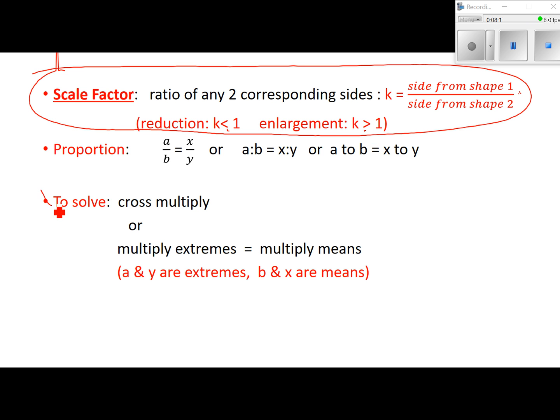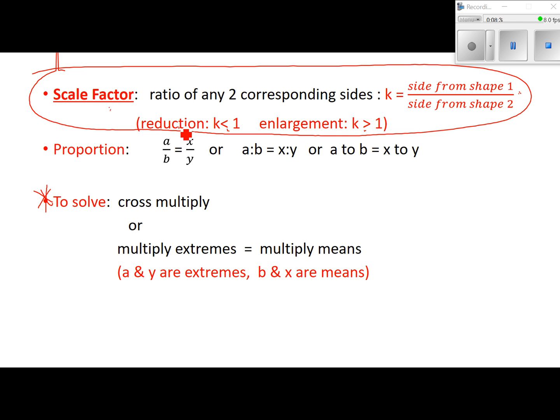The other thing to remember here, hopefully you can cross multiply, you could do that if you did assignment 4. You cross multiply to solve the proportions, and we're going to do a little bit of that here in a minute. The main thing is we're going to set up these proportions and find different scale factors.